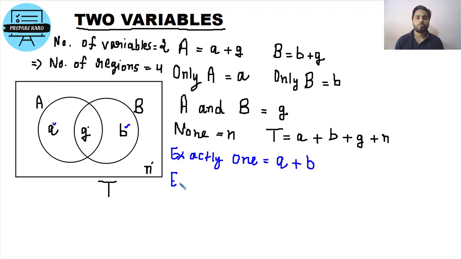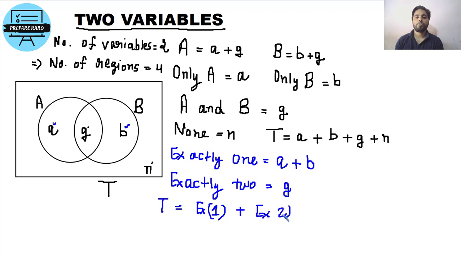Same way, if I ask you exactly 2, what does this exactly 2 signify? Exactly 2 signifies where both variables are present, where exactly 2 variables are present, and that region is small g. So altogether you can say total capital T is nothing but exactly 1 plus exactly 2 plus none.